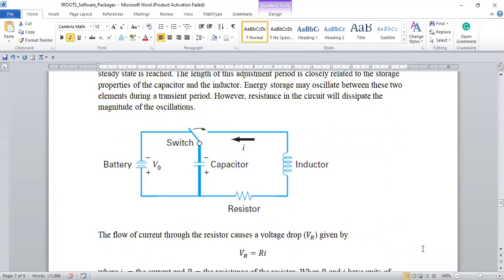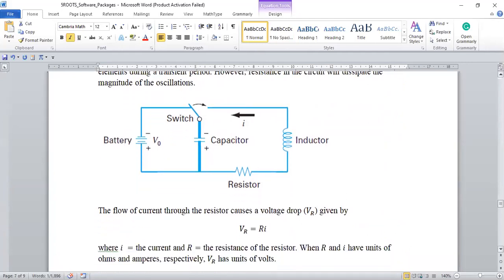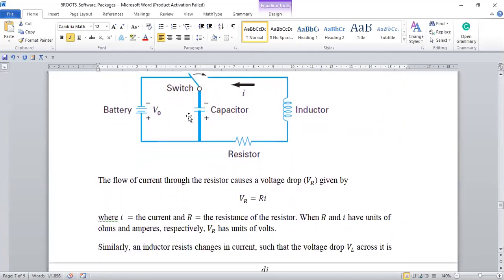So we want to design this electric circuit using our new knowledge of the roots of equations. Now we know from Kirchhoff's second voltage law that we need to sum up the voltages in each of the individual elements.